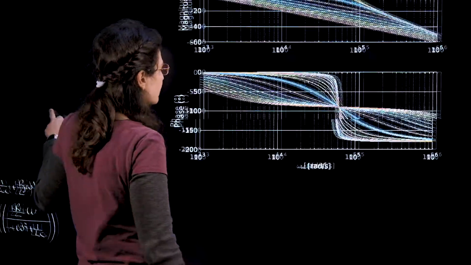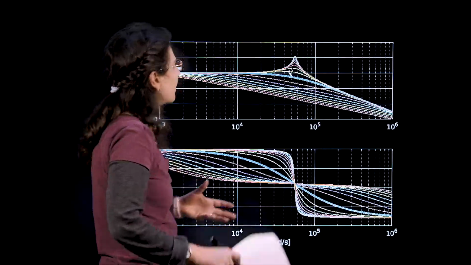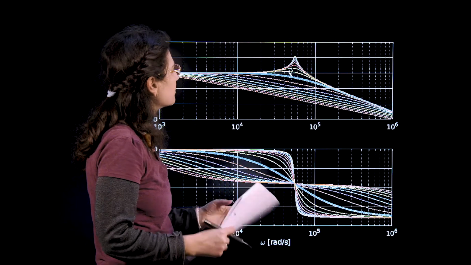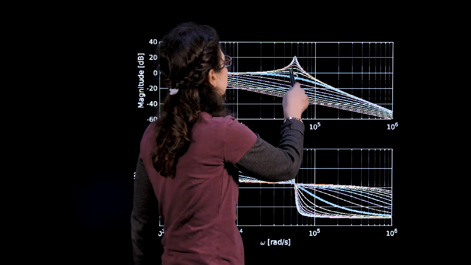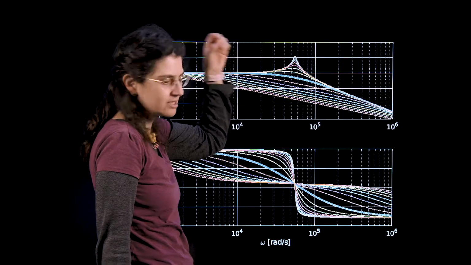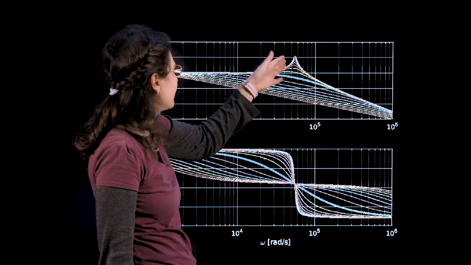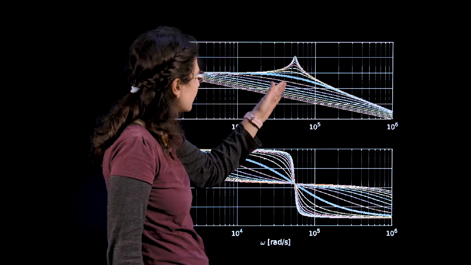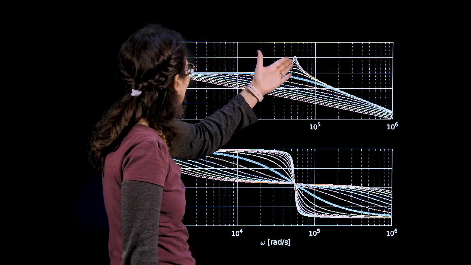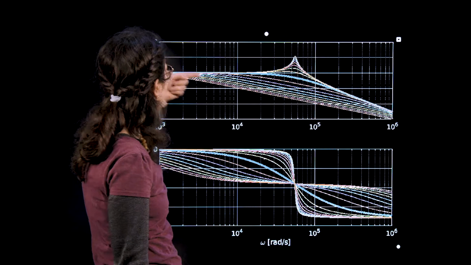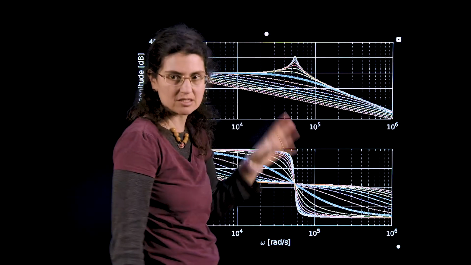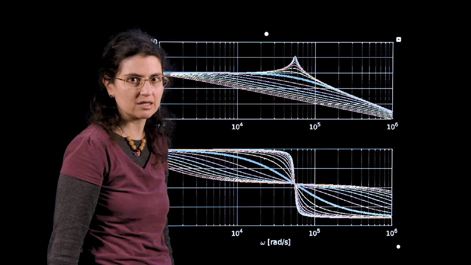So I could, in principle, think of making my resistance infinitely small. In theory, I would get an infinitely small damping factor, and this resonant peak would go up to infinity. And it doesn't matter anymore whether I have here 0 dBs and here minus 50 or whatever, because this is infinity, the rest doesn't matter, so it becomes a resonator.